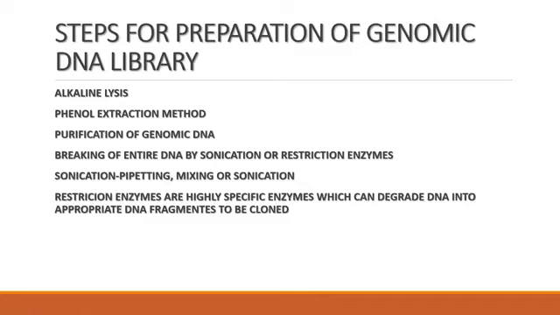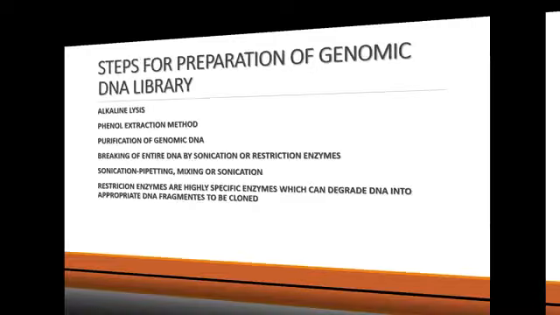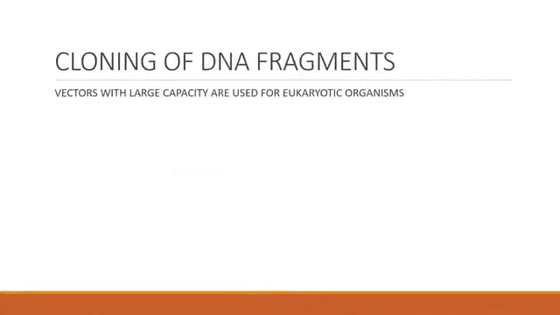So after getting DNA fragments, we can multiply those DNA fragments with the help of vectors. For multiplying DNA fragments, we will use vectors which can accommodate big pieces of DNA. So we'll use large capacity vectors for the eukaryotic genome.